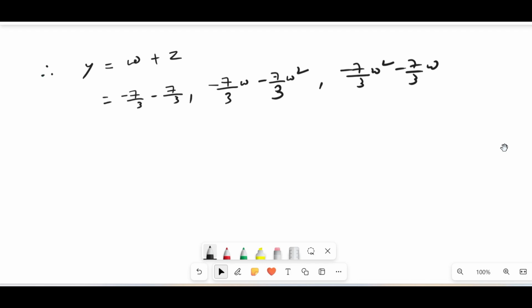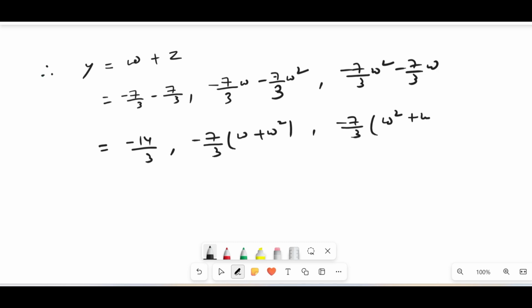So further we will write here negative 14 over 3. Take the negative 7 over 3 as common, we will get omega plus omega square, and negative 7 over 3 times omega square plus omega. But as we know that 1 plus omega plus omega square is equal to 0, the sum of omega plus omega square is negative 1.